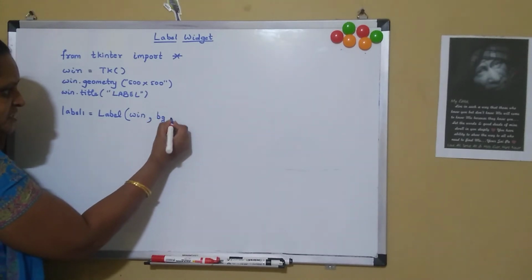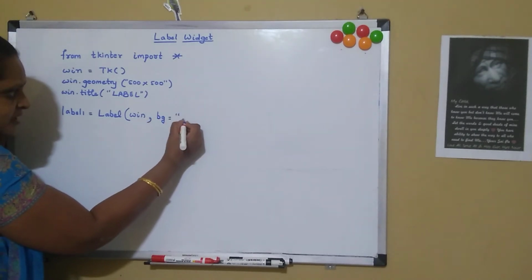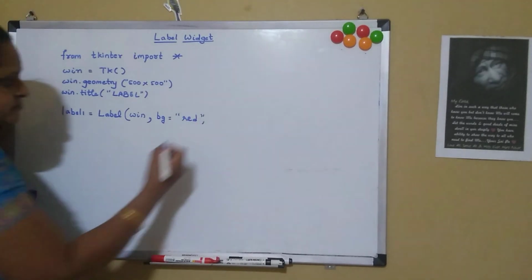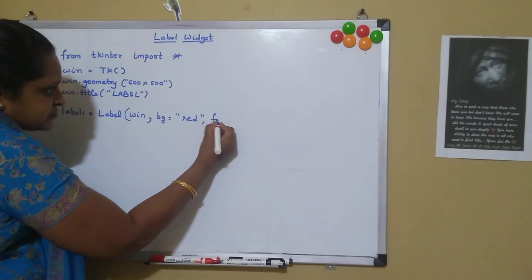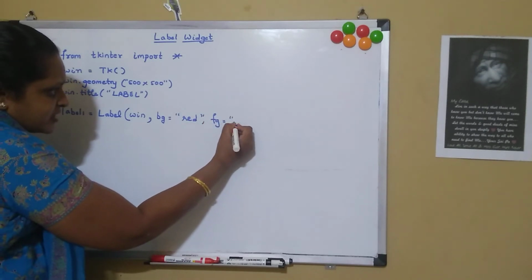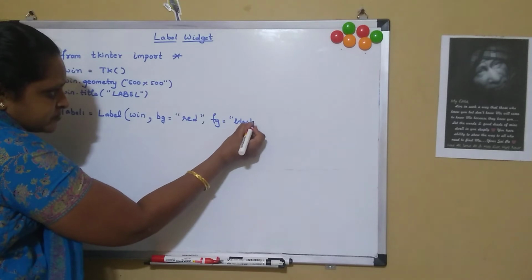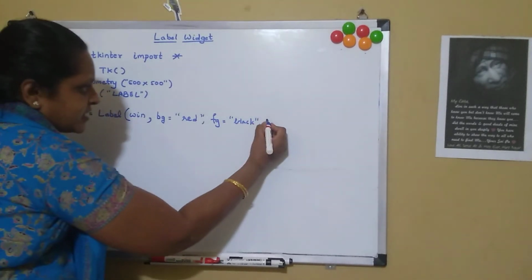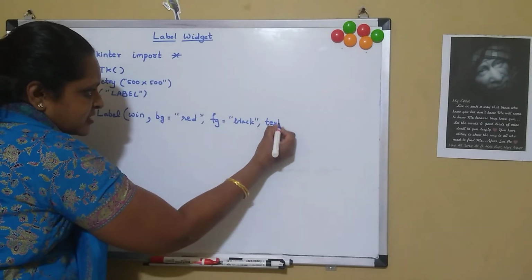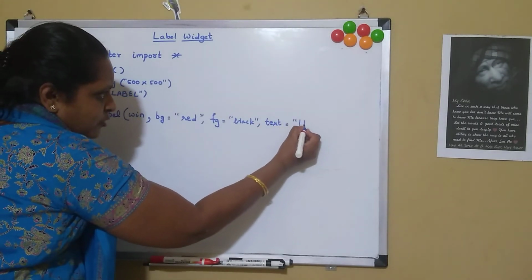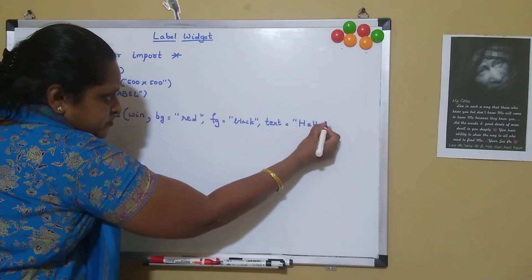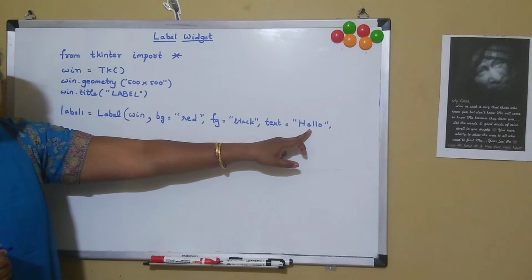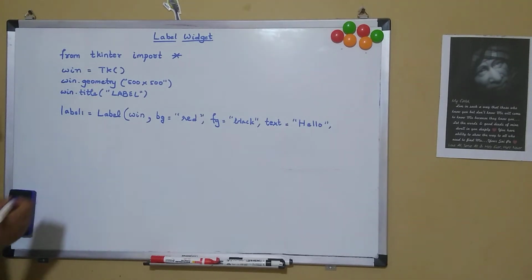Now I am giving bg, that is the background color, equal to red, comma. Then fg, that is the foreground color, equal to black. Then text equal to hello. Text is the text which has to be displayed on the Tkinter screen.